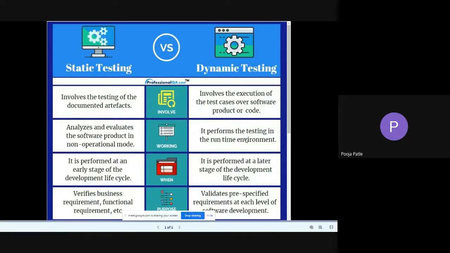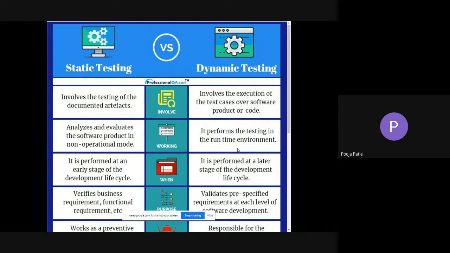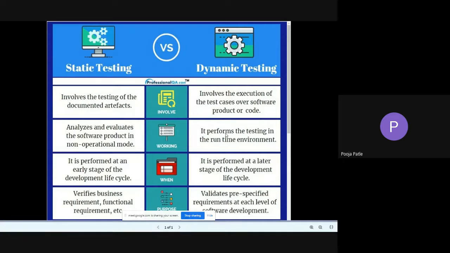Now we'll see the key differences between static testing and dynamic testing. Static testing involves the testing of documented artifacts, and dynamic testing involves the execution of test cases over the software, product, or code.